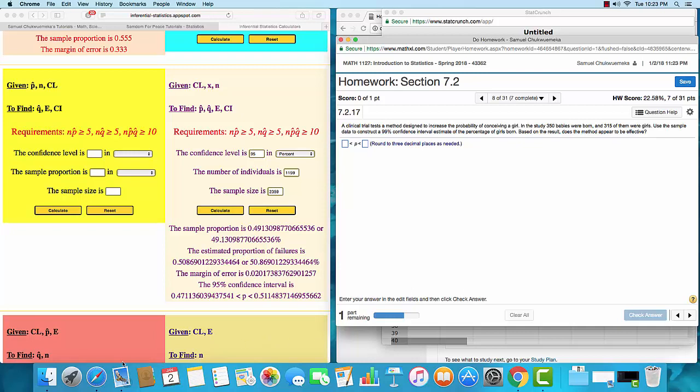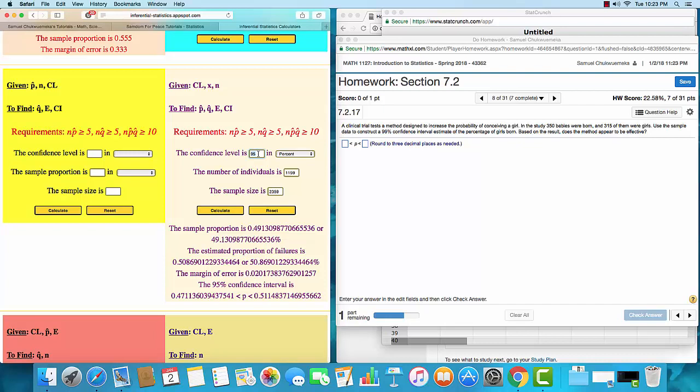Since I use my calculator, I can use StatCrunch here. I can also use my calculator. It doesn't matter. So here we just use this. This is 99% confidence level. Number of individuals is 315, and the sample size is 350.